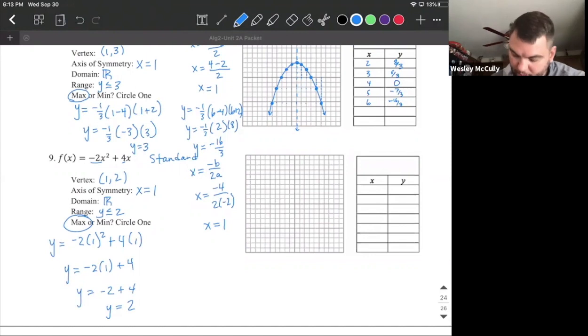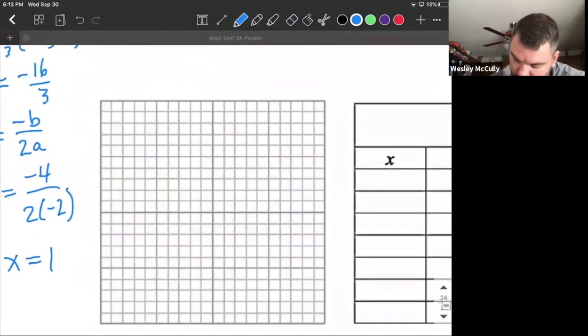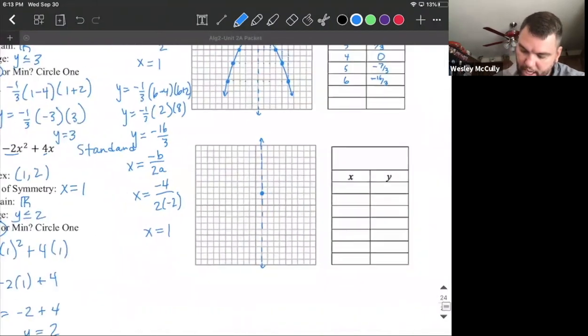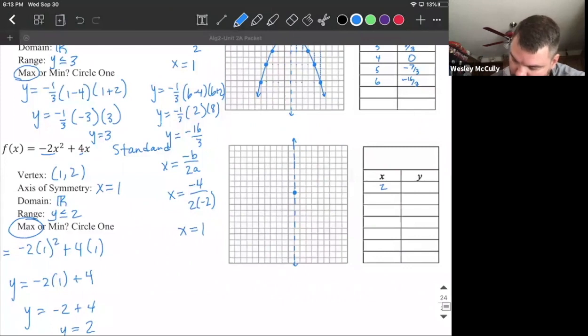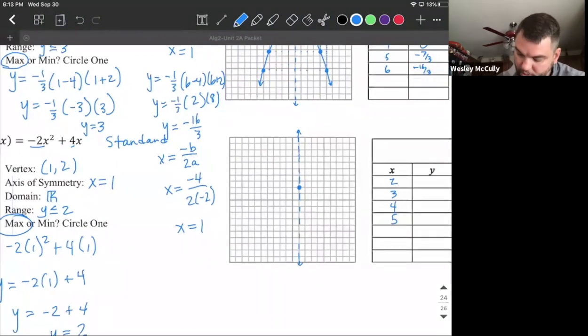Now I'm ready to plot my vertex. (1, 2) is here. And then I can graph my axis of symmetry using a dashed line. And now I will pick a few points to the right of the vertex. 2, 3, 4, 5. I think that's probably all I'll be able to do.